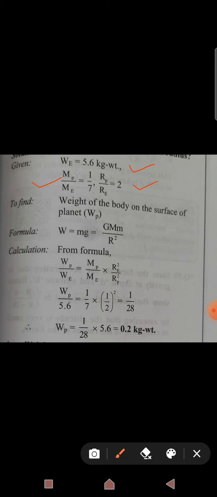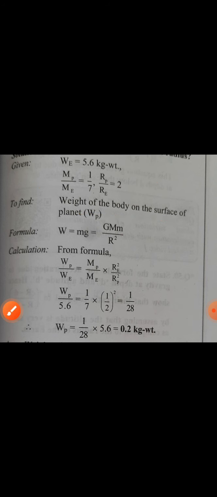Rp upon Re, planet to that of the earth, is 2. Now what do we have to find out? We have to find out the weight of the body on the surface of the planet. Now we know the formula that weight W is equal to m into g, that is GMm upon r square. Now here we have to take out the ratio of Wp upon We.